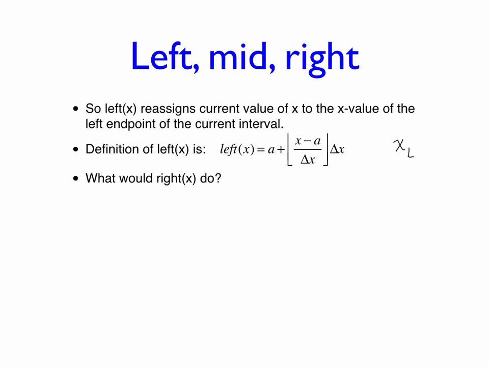Okay, yeah. It would take the current x value and reassign it to the x value that is the right endpoint of the current interval. That was the easy question. How would we define right of x?